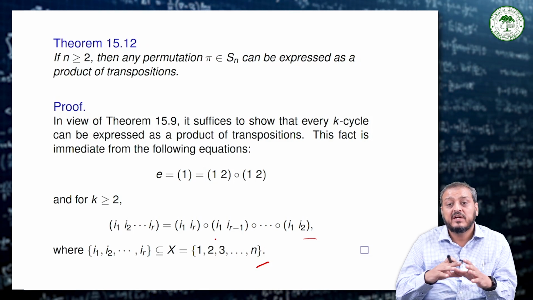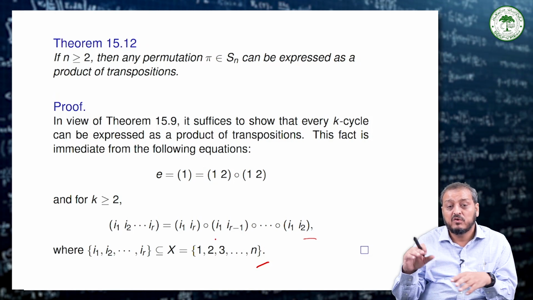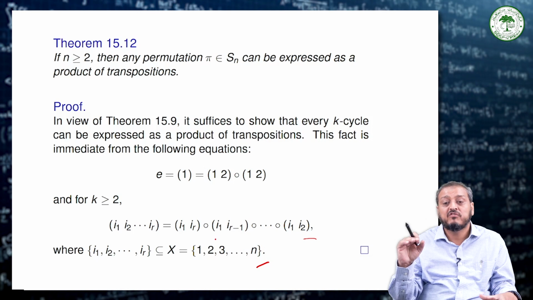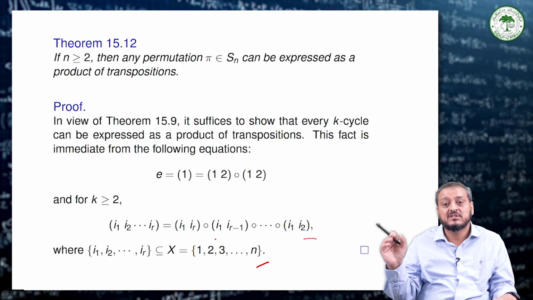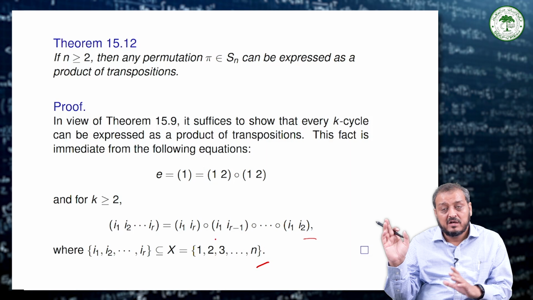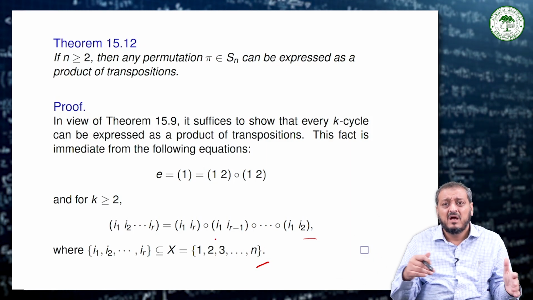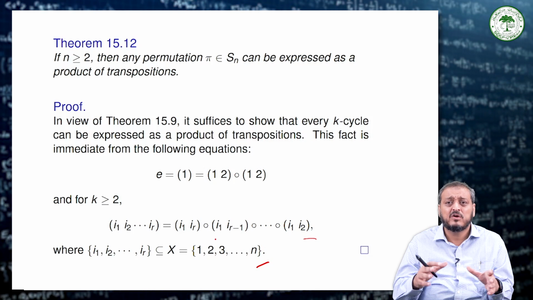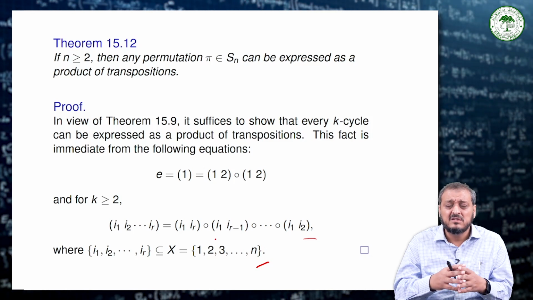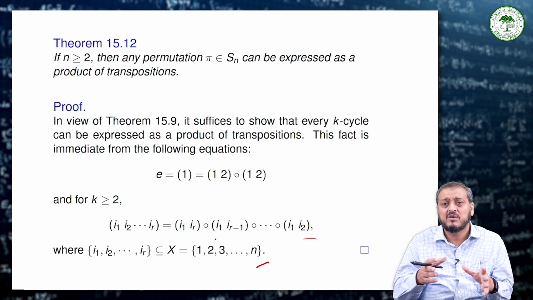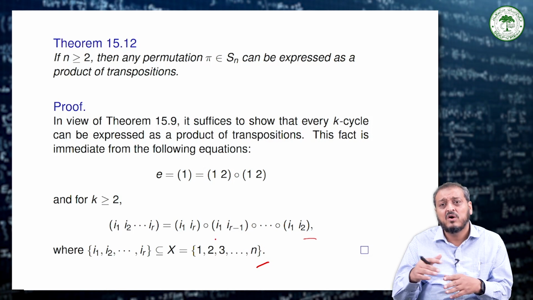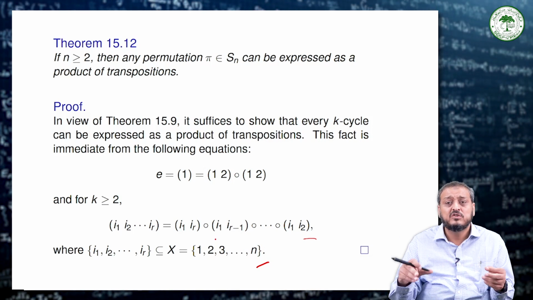For every n greater than or equal to 2, any permutation pi in Sn can be expressed as a product of transpositions. The proof is very trivial. Using the product of disjoint cycles, any permutation can be written either as a cycle or a product of disjoint cycles.